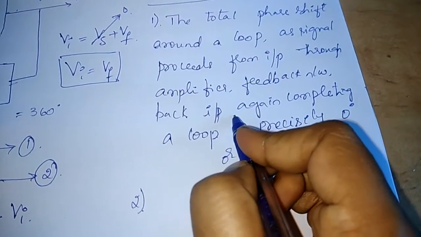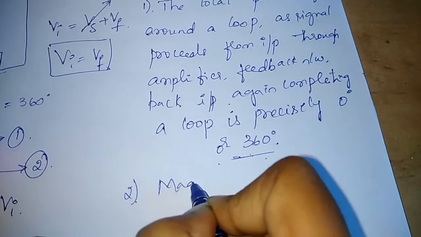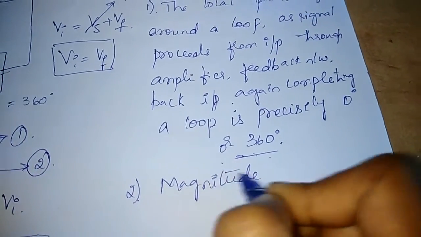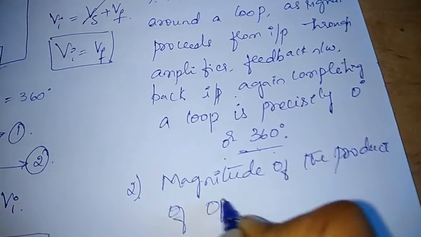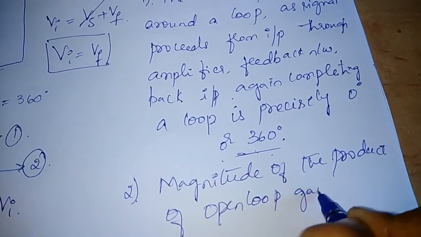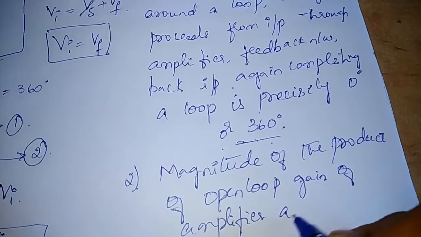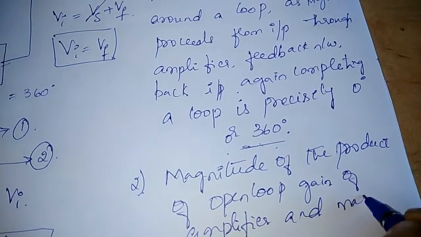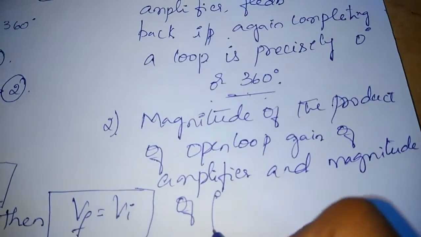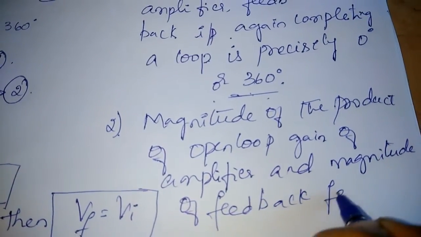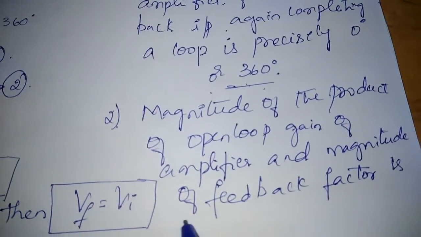So this is the first condition to generate oscillation. The second one is the magnitude of the product of the open loop gain of the amplifier and the magnitude of the feedback factor, that is your beta, should always be equal to 1, unity.